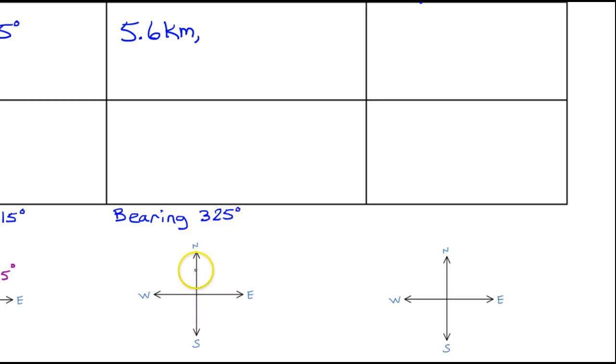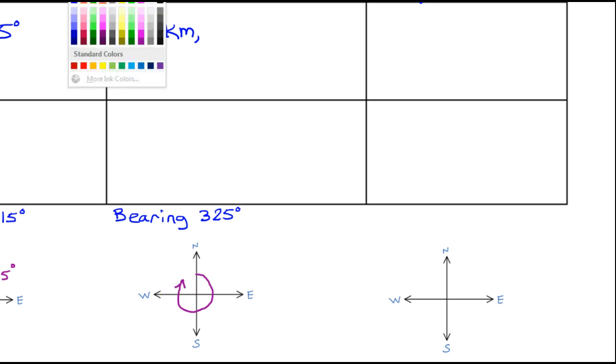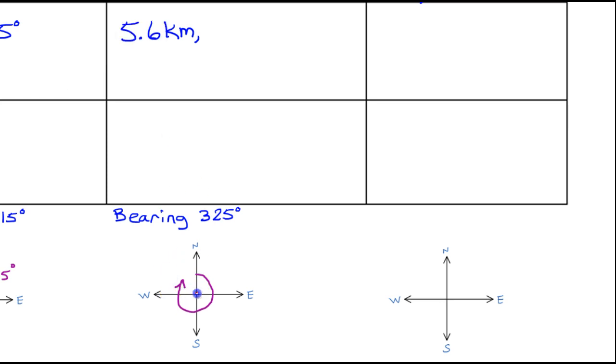So 325 degrees will look like this. There's 90 degrees, 180 degrees, 270 degrees, and 325 degrees puts me into the second quadrant. So I'm going to draw my vector into the second quadrant.